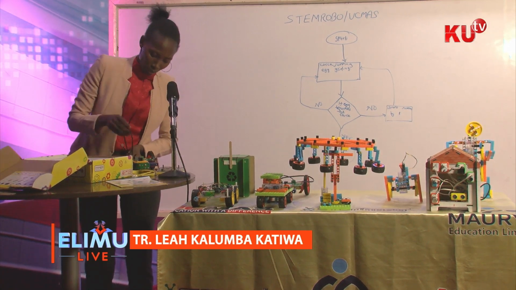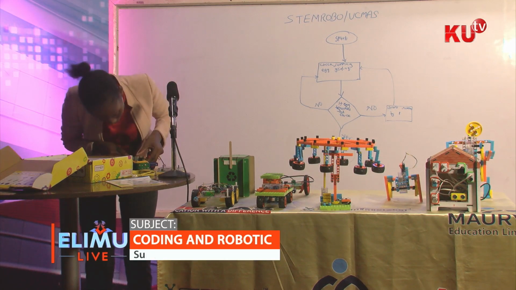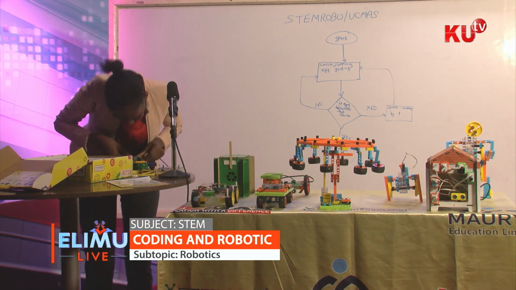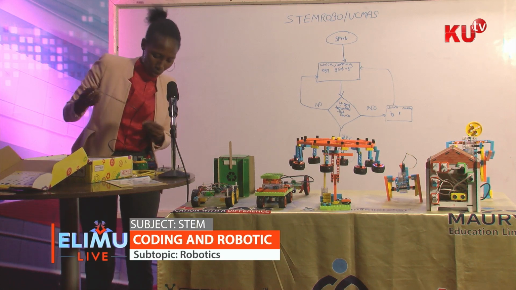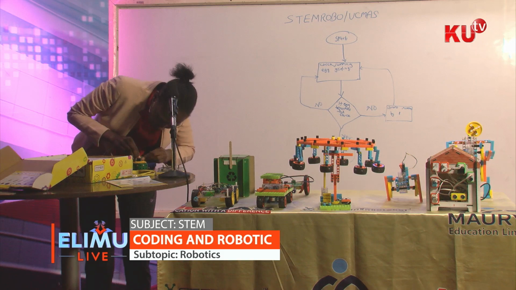So this one we call a motor cable. It takes power from the power distributor to the motors. So we have two motors, so we have to use two motor cables.